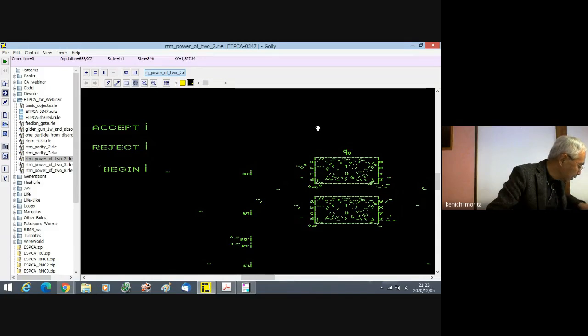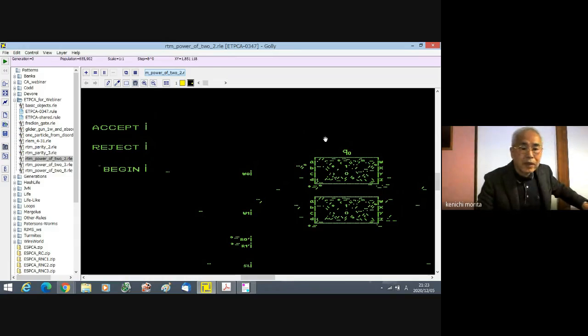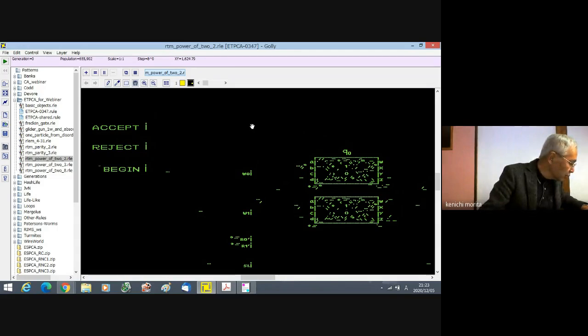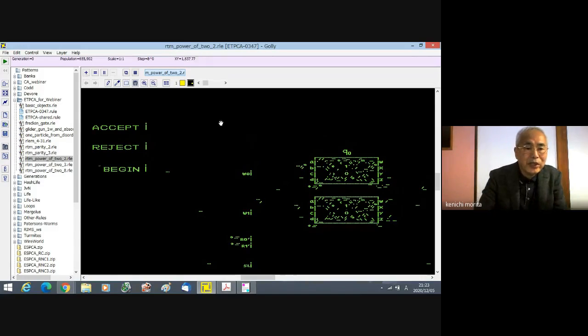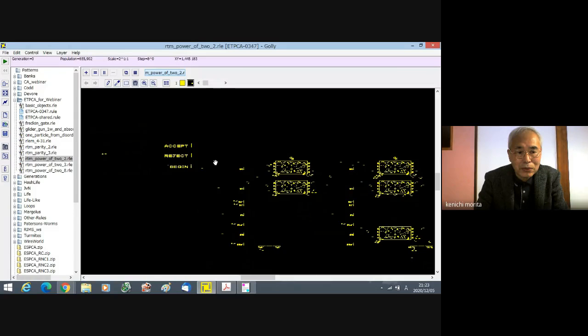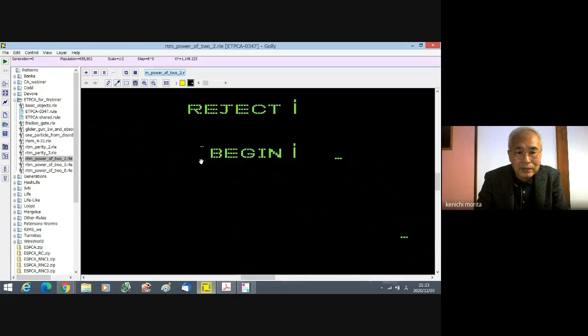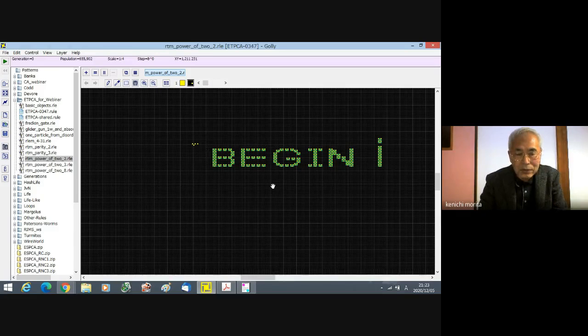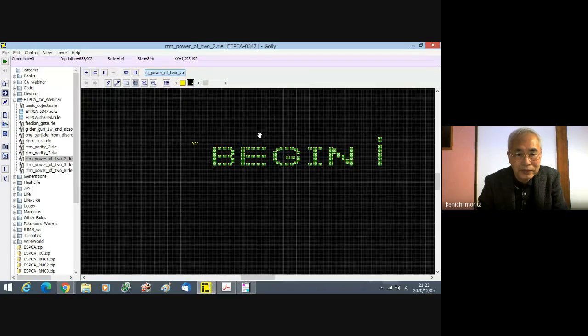How much time? It takes 23 million steps to have an answer. Therefore, we should use hyper-speed mode, high-speed mode.